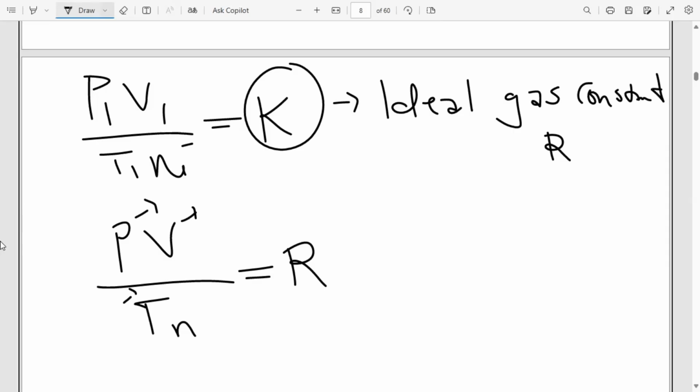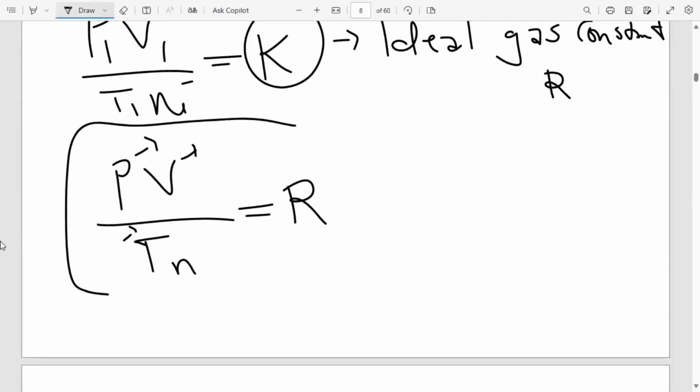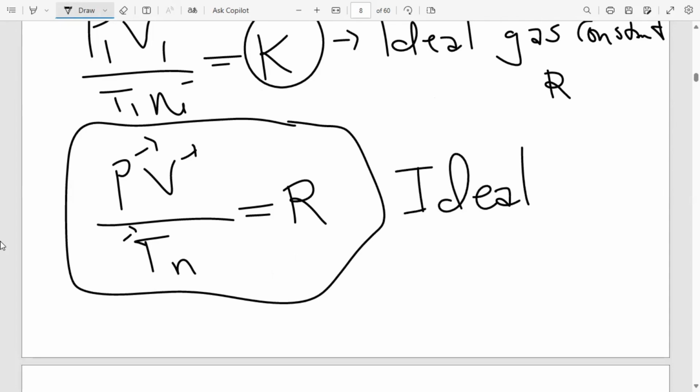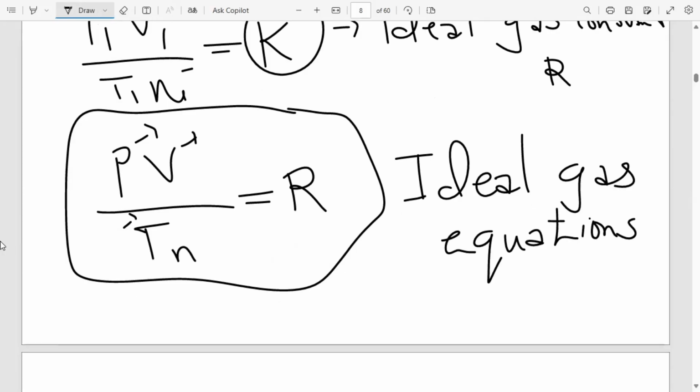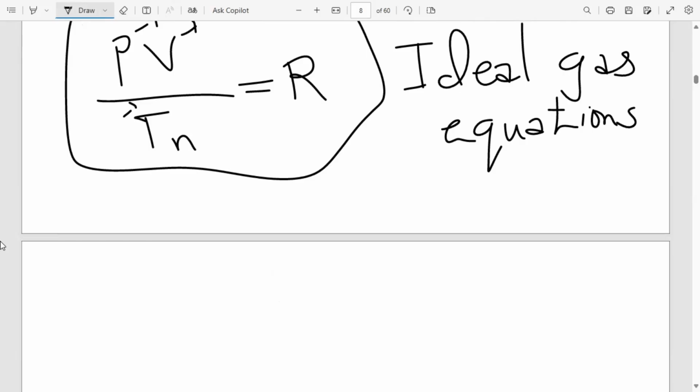And from here, this equation is what we call the ideal gas equation. Mostly, you won't find this equation in this form.